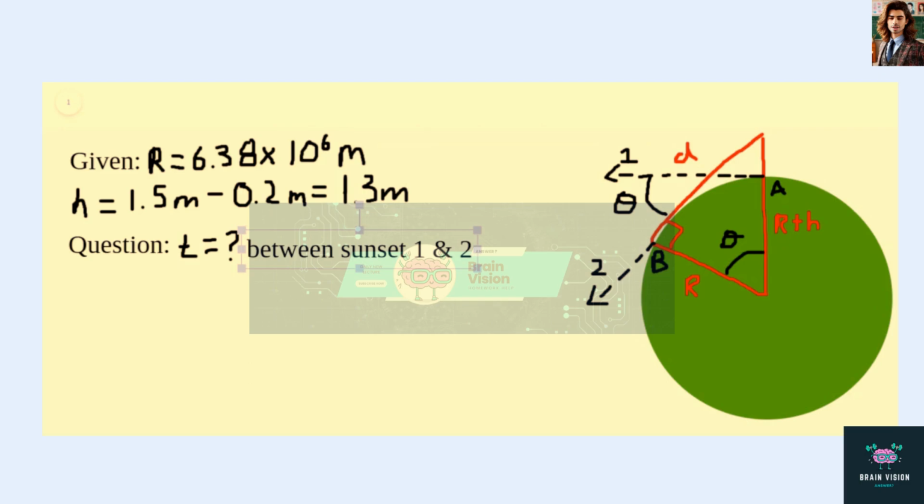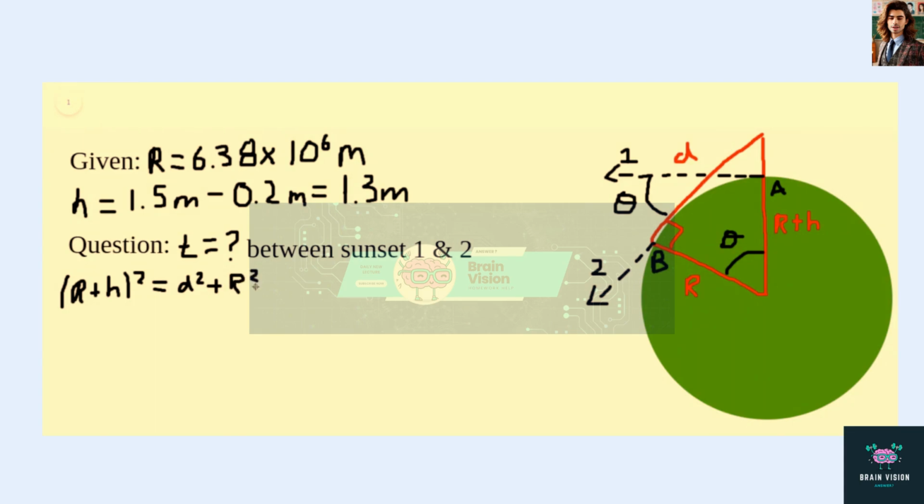We can use this fact to make use of the Pythagorean theorem, which states that the square of the hypotenuse of a right triangle is equal to the sum of the squares of the two sides. So the hypotenuse of our triangle is r plus h. So r plus h squared is going to be equal to the sum of the two sides, d squared plus r squared.